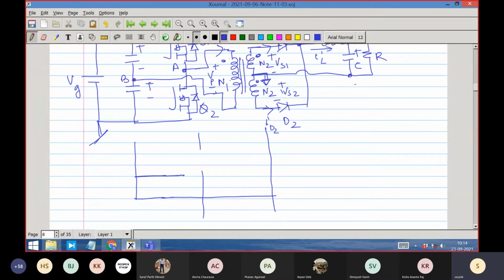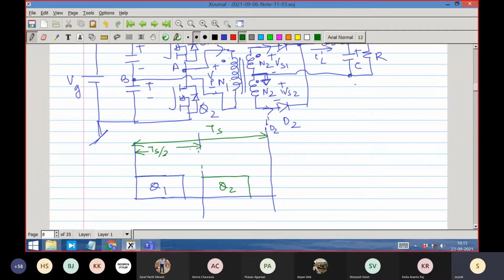So this is the Q1 on duration, and this is the Q2 on duration, and the total period is Ts, right? This is Ts by 2.